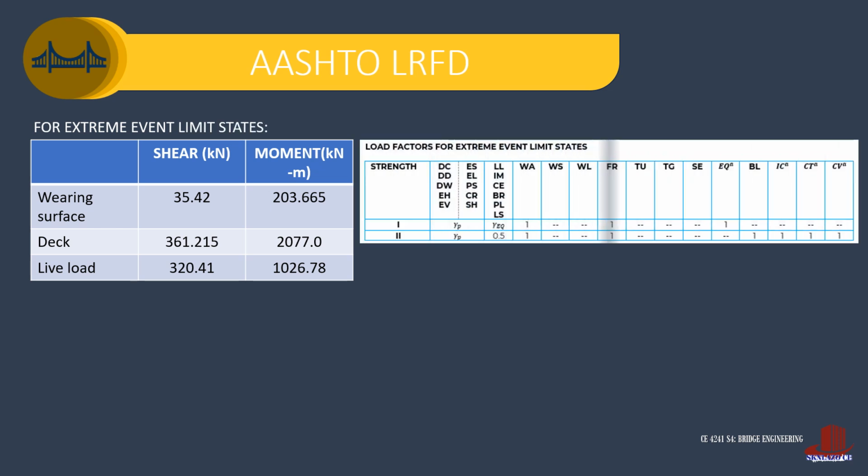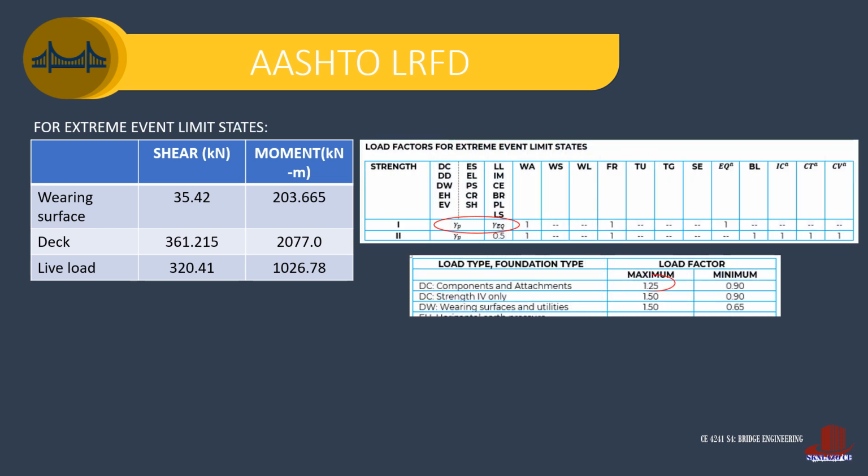The last limit state is extreme event, where dead loads use gamma P, but live load uses gamma EQ. DC uses the factor of 1.25 and DW is 1.5. Gamma EQ ranges from 0 to 0.5, so to be conservative, we use 0.5.